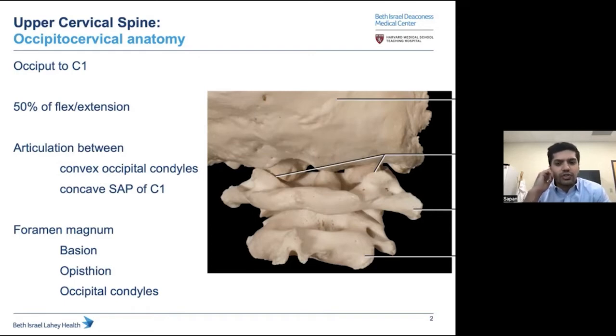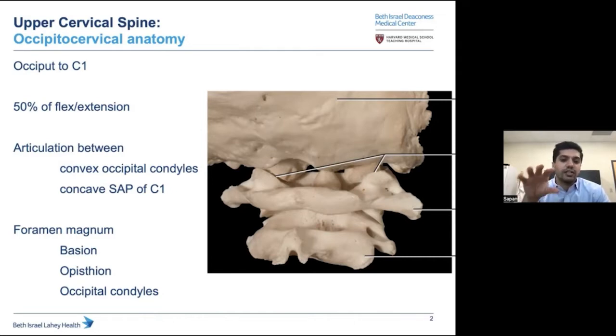The first joint of the cervical spine is the occiput to C1 articulation, and this is the first area outside of the skull where cervical spine trauma can happen.